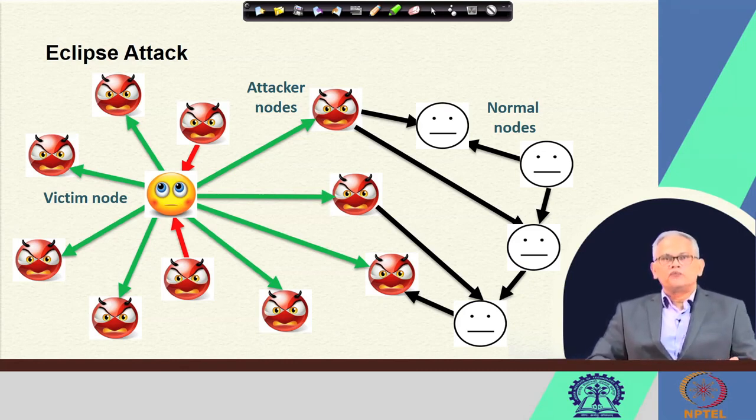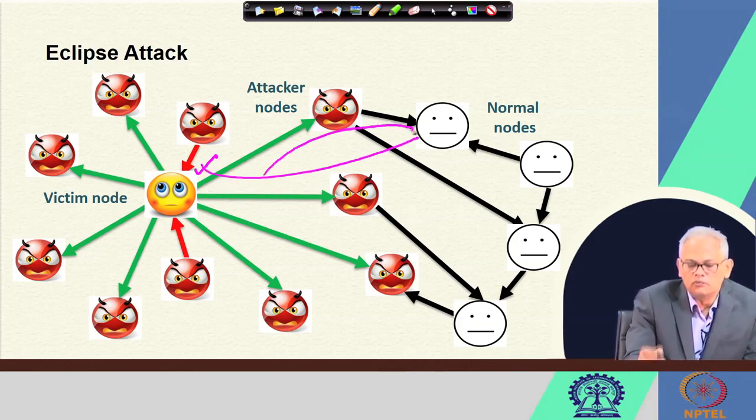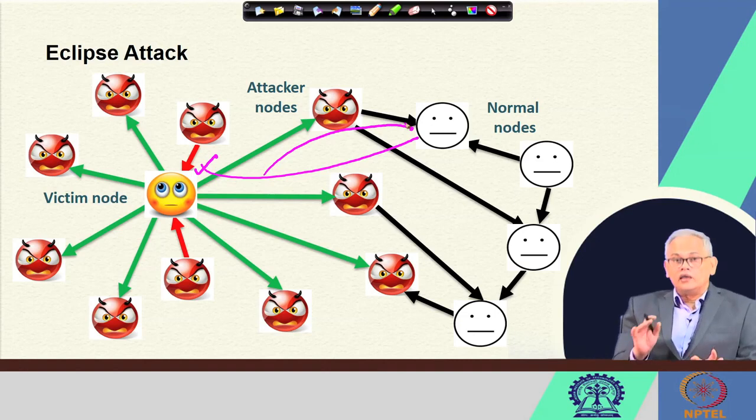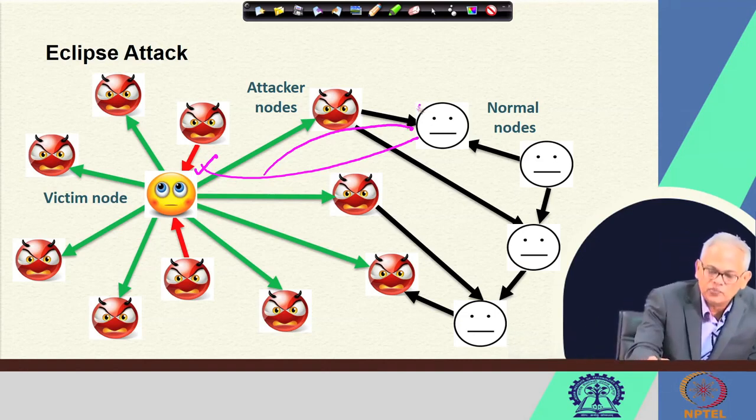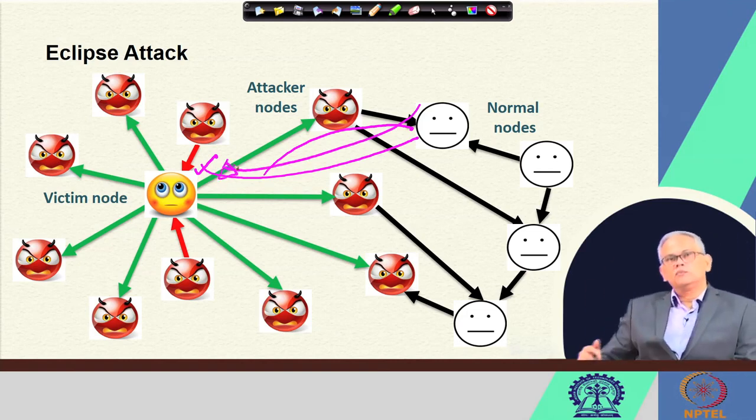As we can see in this example, if this victim node wants to communicate with this node, it has to go through this attacker node.